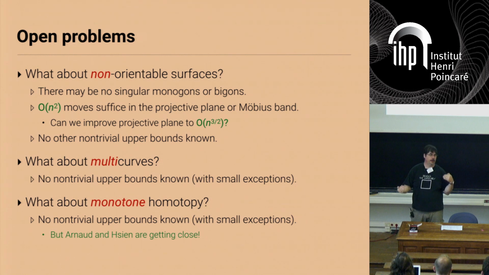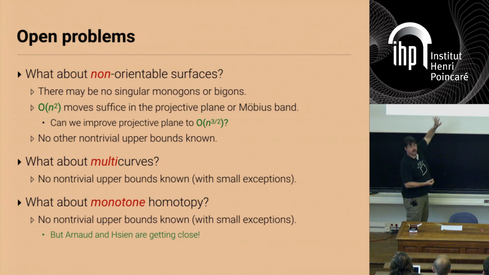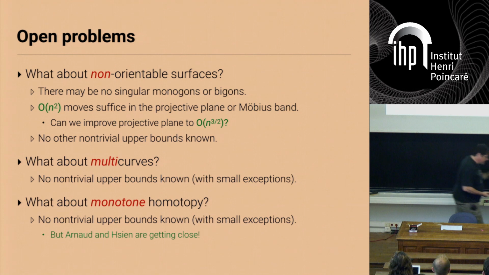We don't know whether we can do that with a polynomial number of moves. I understand that Arnaud and Chen are getting close. There's some progress, but without giving away any details, I'll just say, coming soon, sometime before the next Avengers movie, we'll get another paper.